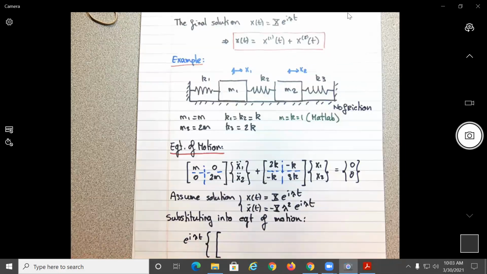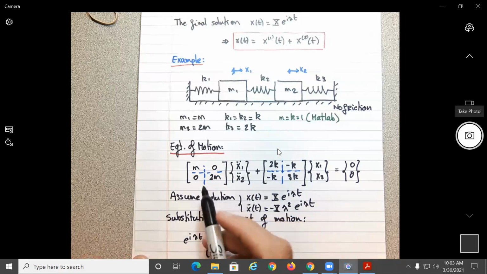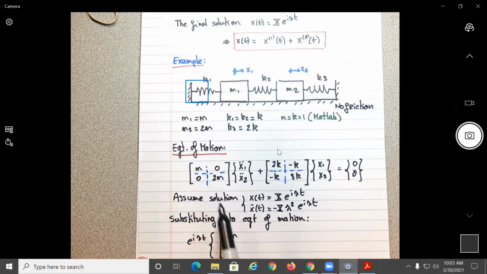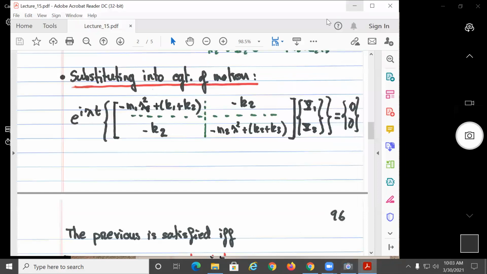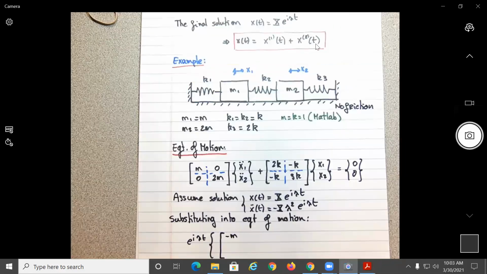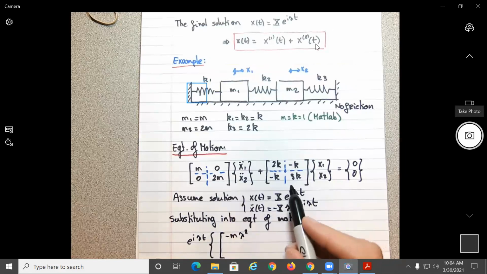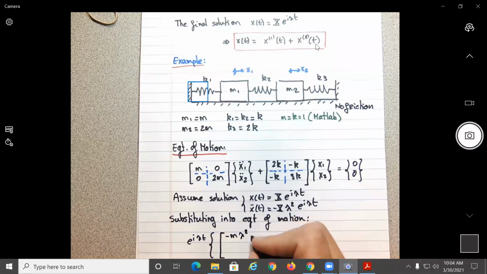Okay, so you will get minus M for this term over here, which would be minus M lambda squared. All right, back over here, plus 2K.